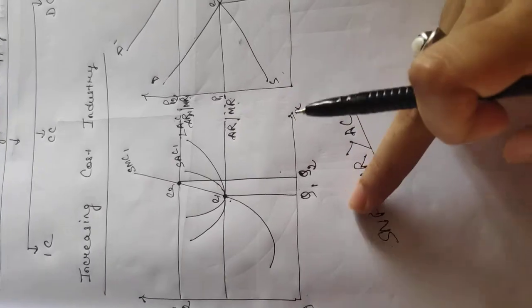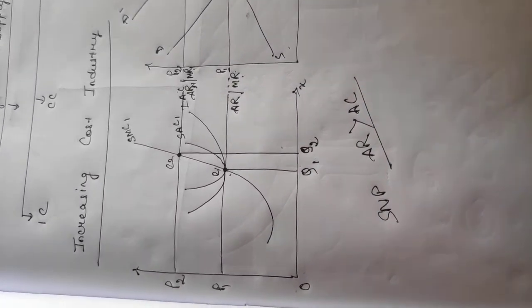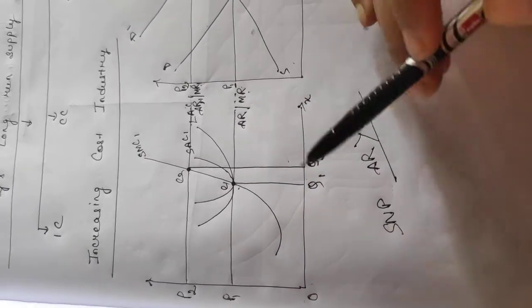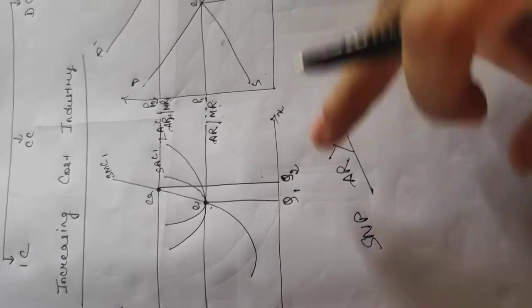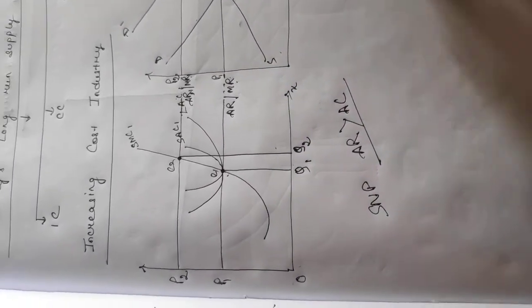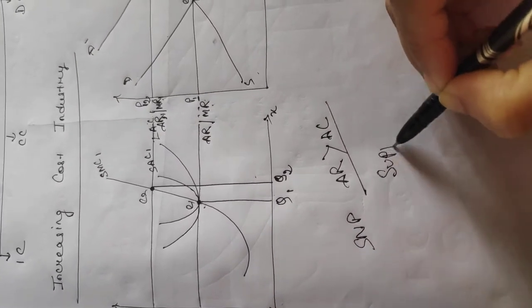So they will enter the industry and start producing the commodity which the sellers were selling earlier. Now when the new firms produce, obviously the supply of the industry will increase.